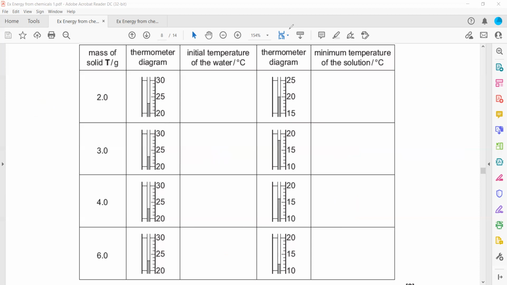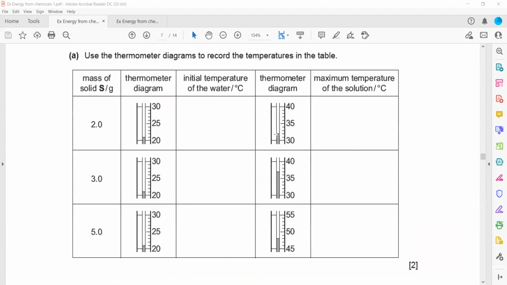But in the previous table, the initial temperature was 21 and the final temperature is 32. So what happened here? The red color is representing the reactant particles.